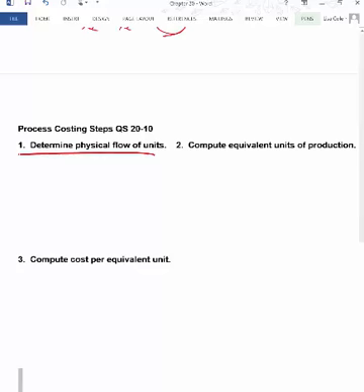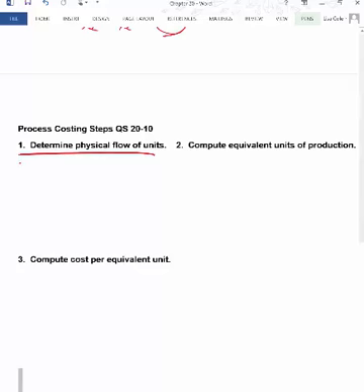They say we had beginning work in process of 2,000 units, units completed and transferred out of 9,000, and ending work in process of 3,000.